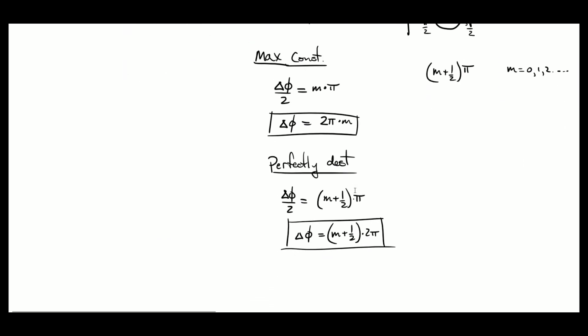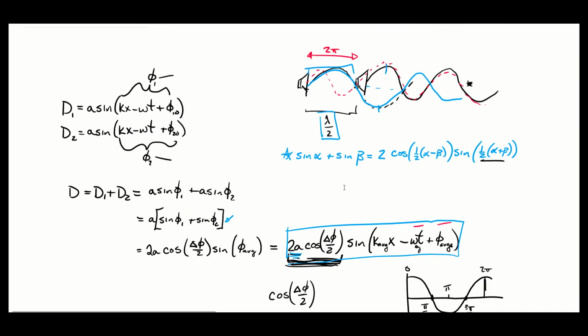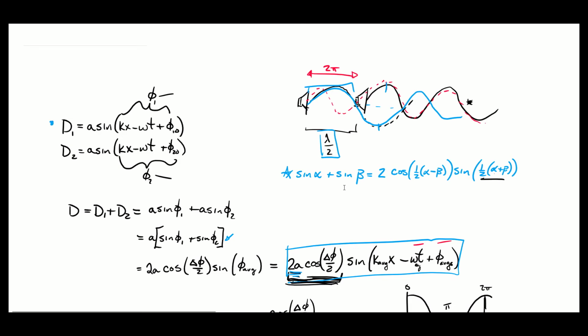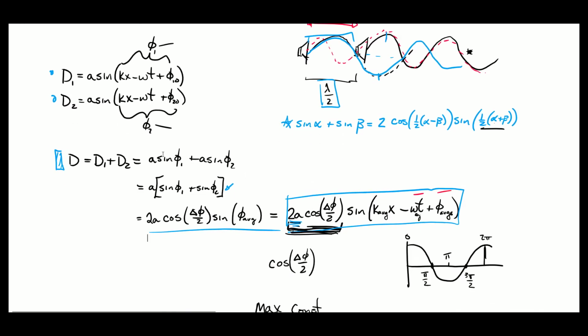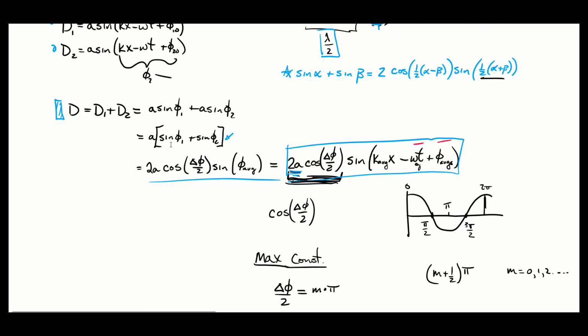and get our destructive interference. So again, just by taking how we model our waves, adding them together, and we had to use a little trig identity, but we get that the resulting wave from the addition of two sinusoidal waves gives us essentially another sinusoidal wave with an amplitude that depends on the phase difference between those two waves.